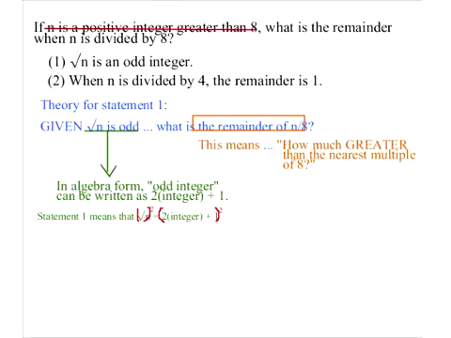If we square the right-hand side, we get 4 times integer squared plus 4 times integer plus 1. So n is 4 times integer squared plus integer, and then plus another 1.